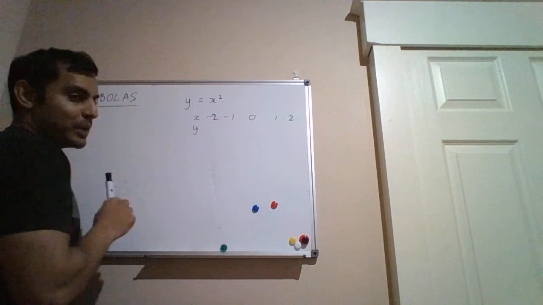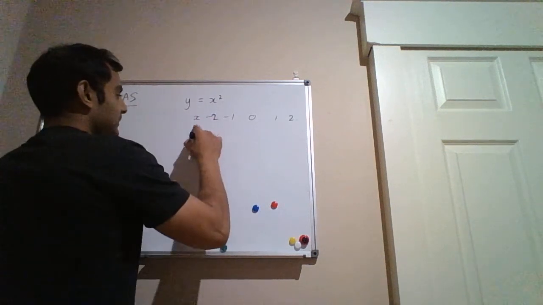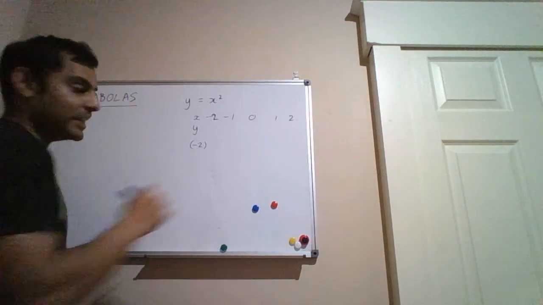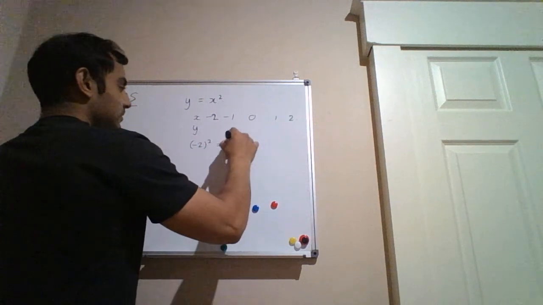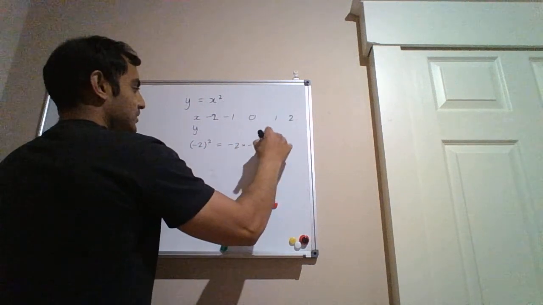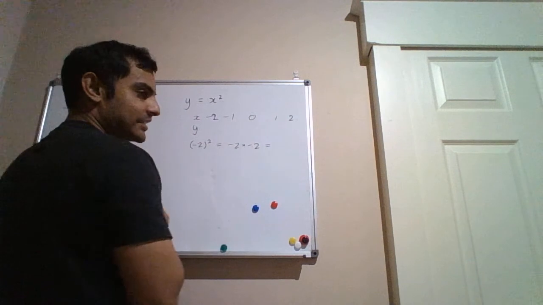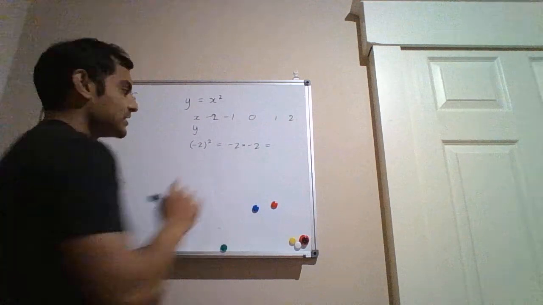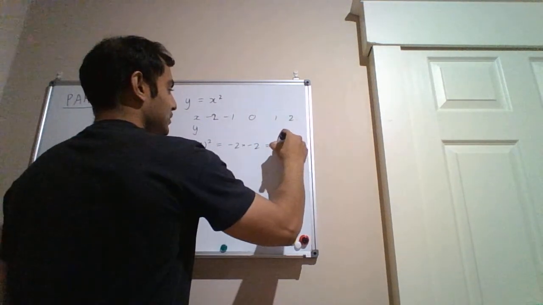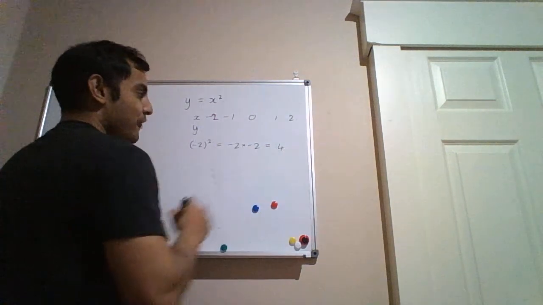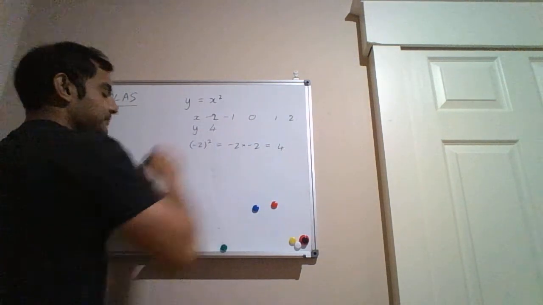So we have to square each of these points. Well, the first point, it's minus 2 squared, which is minus 2 times minus 2. The minuses cancel, a negative times a negative is a positive, and then we just multiply the 2's together, so we get 4, positive 4.